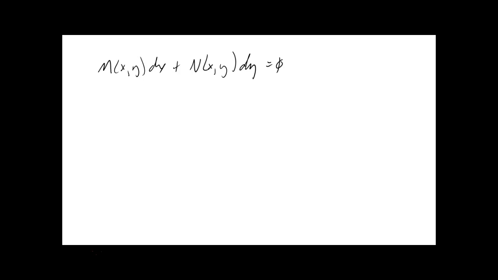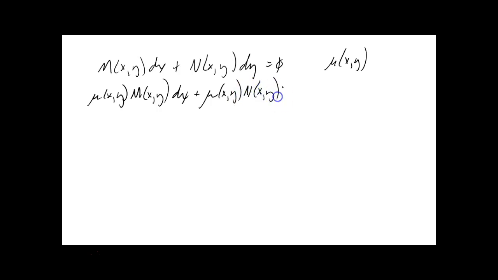Well, they say, what if there was some integrating factor, mu of (x,y), that you could multiply by, and then you would have mu(x,y) times M(x,y) dx plus mu(x,y) times N(x,y) dy equals 0.